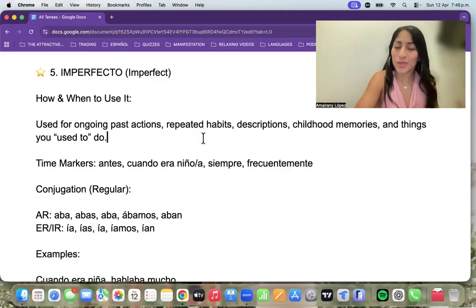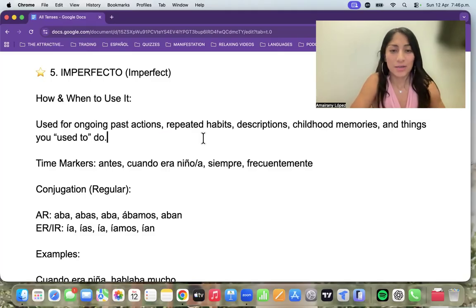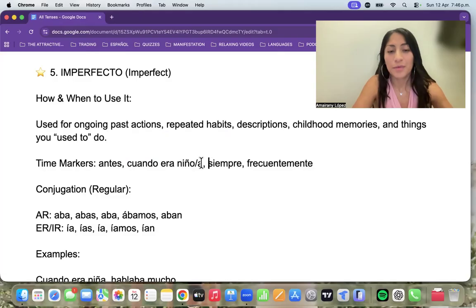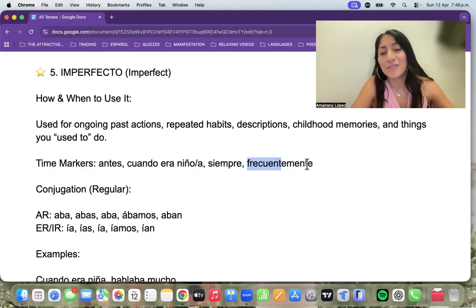They used to, things that you used to do before. So some of the time markers are before, cuando era niño, meaning when I was a child, when I was a kid, siempre, which is also always, and it was also used for the present tense. And then frecuentemente, frequently, okay?